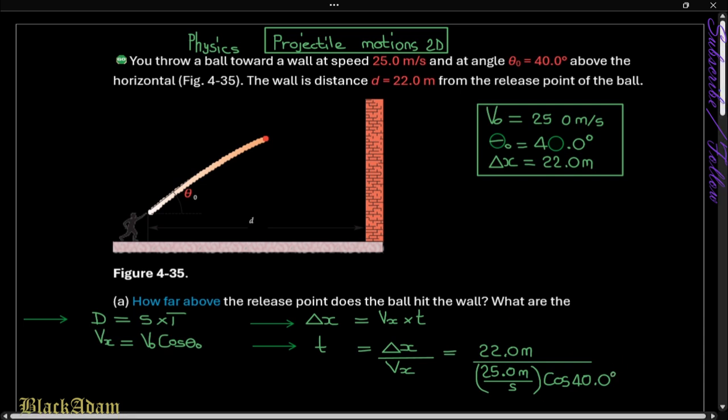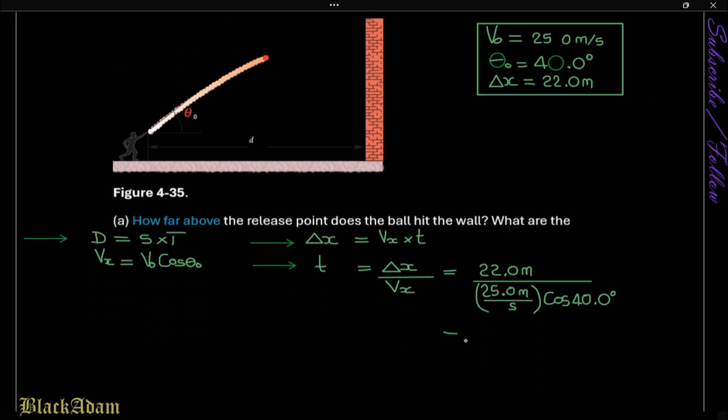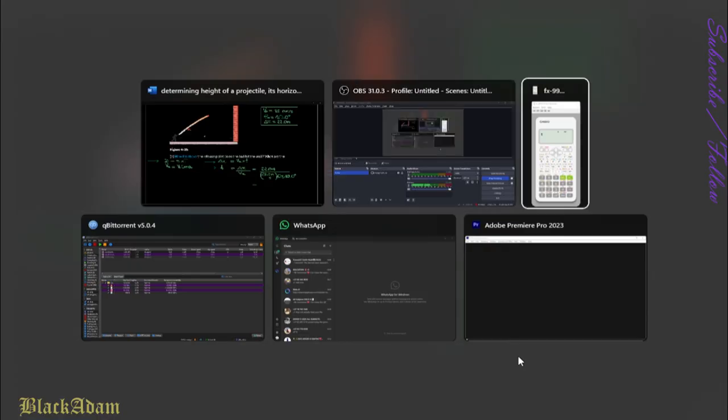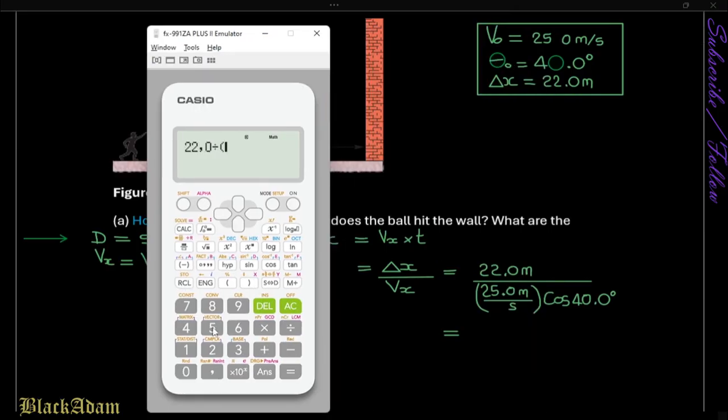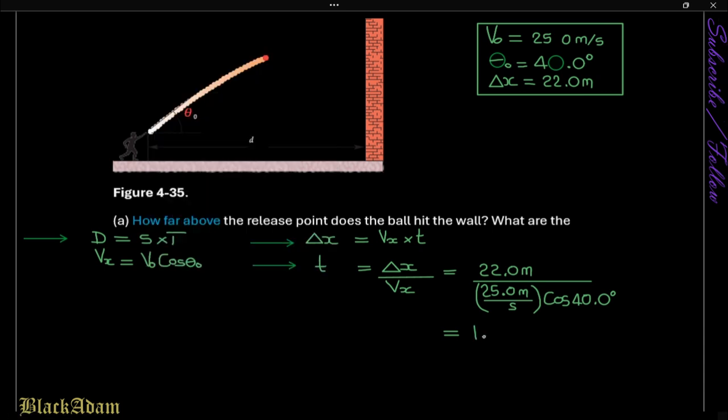We just punch it into the calculator. 22 divided by 25.0 multiplied by cos 40 gives us 1.148, so to three significant figures, that's 1.15 seconds.